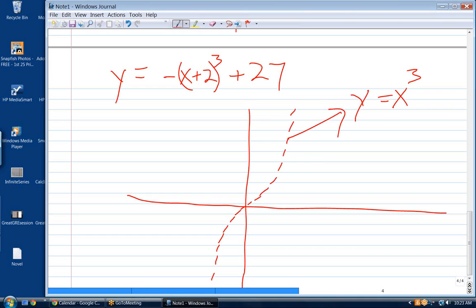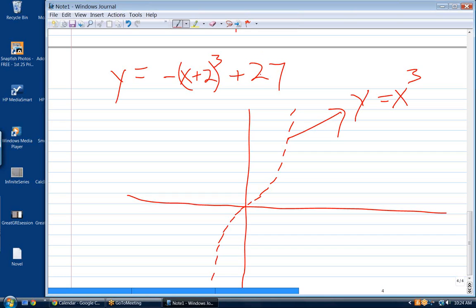And if we look at this, what do we have going on here? We have a reflection about which axis, this negative sign? The x. Okay. And we have a horizontal translation of which direction and how much? 2. Okay. And then we have a vertical shift up 27.